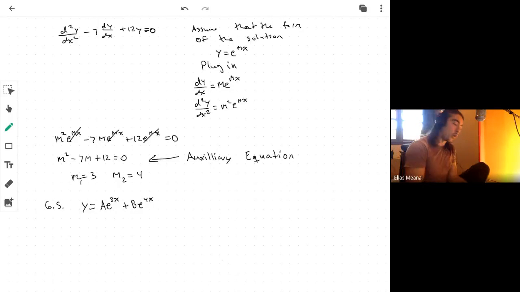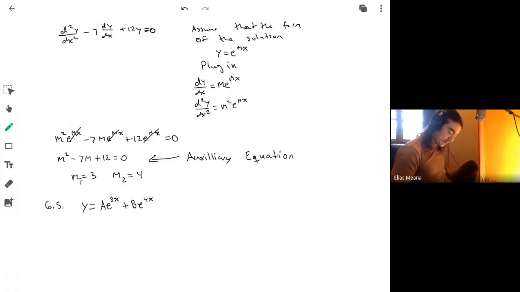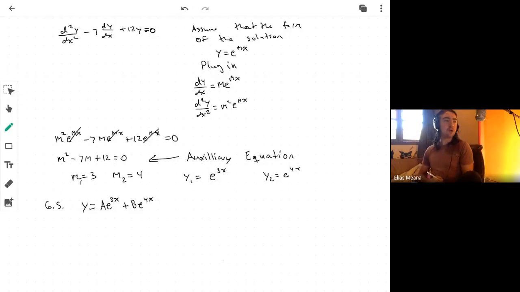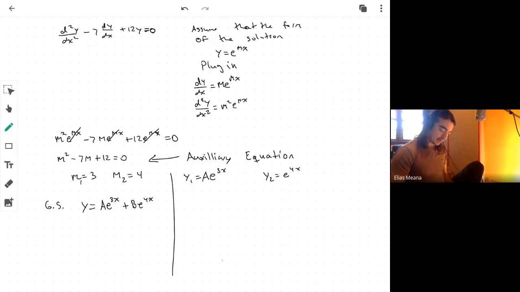And so you'd say, okay, one solution could be something like e to the 3x, right? And another solution would be something like e to the 4x. Okay, interesting. And you could say, if I just put a constant in front of each one, let's see what happens when I plug a constant multiple of e to the 3x into the differential equation.